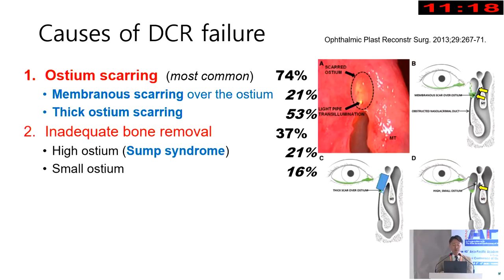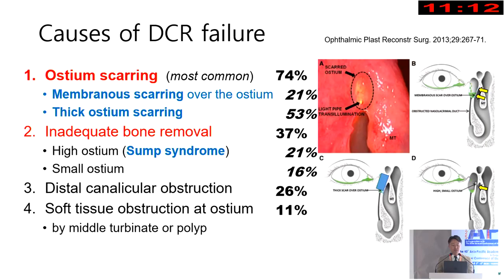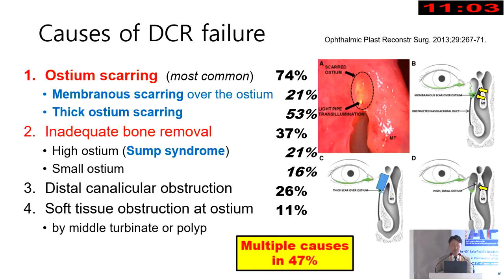Inadequate bone removal can result in a high ostium, causing sump syndrome, or a small ostium. Other causes include distal canalicular obstruction or soft tissue obstruction by the middle turbinate or polyp. Not surprisingly, there are many cases associated with multiple causes.